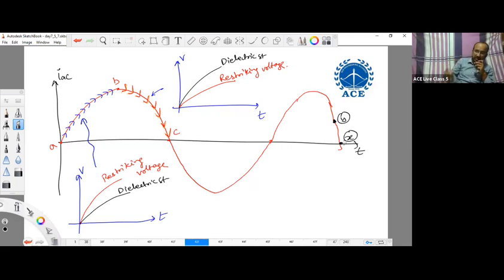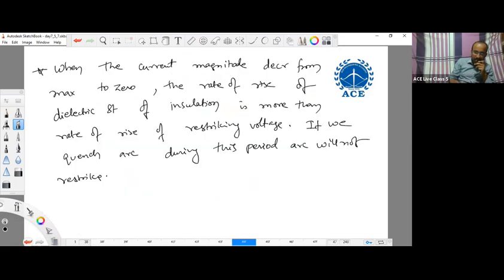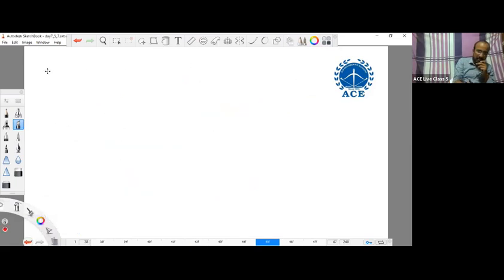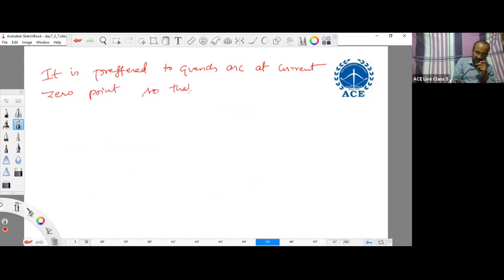So it is preferred to quench the arc at current 0 point, so that the insulation required will be less.